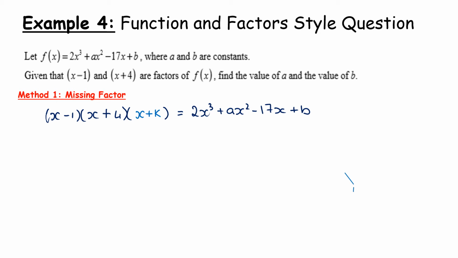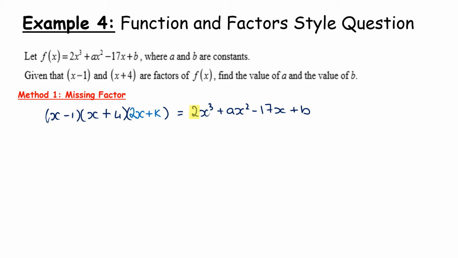I also need a 2 in front. So in the case of using this method, watch out for the coefficient in front of that x cubed, because oftentimes when students try this method, they just do x plus k and then nothing works out because nothing is balancing up. So just watch out if a coefficient is required.